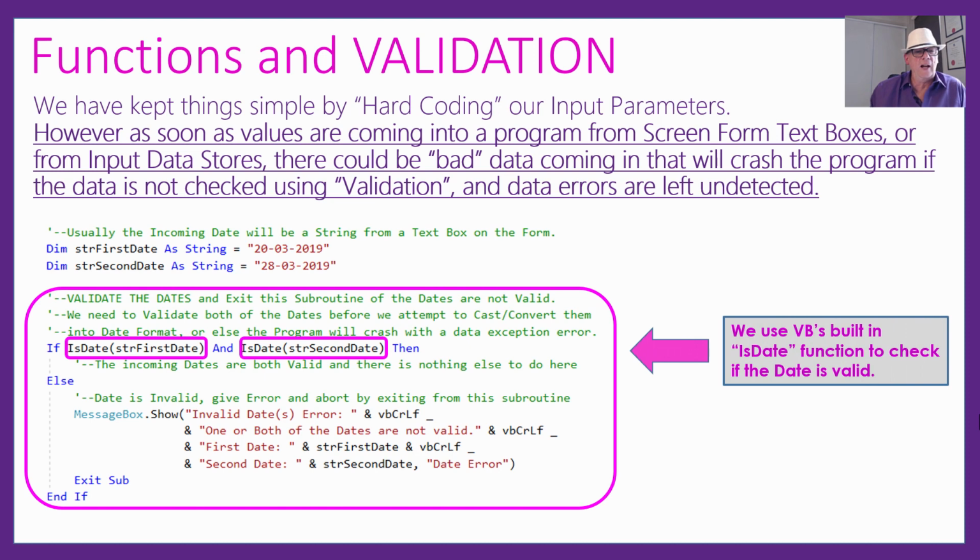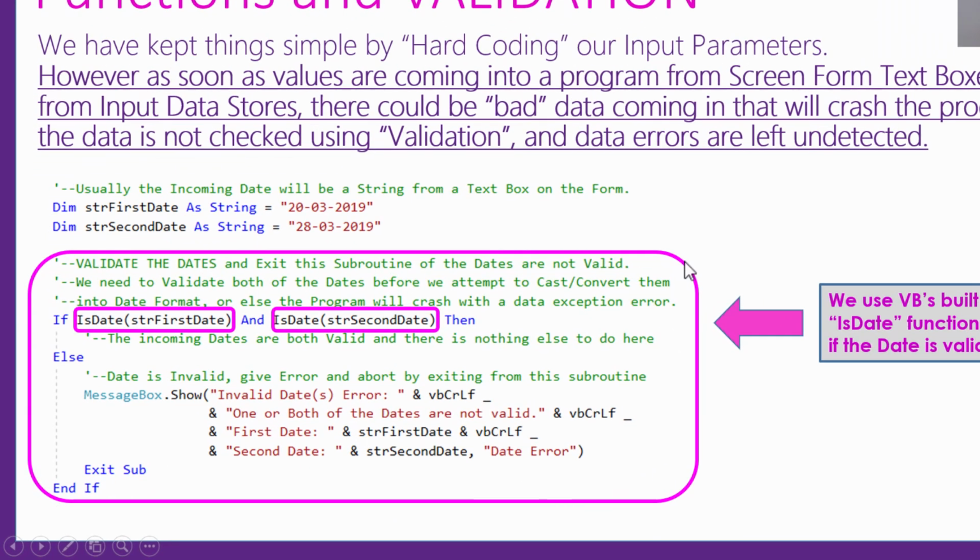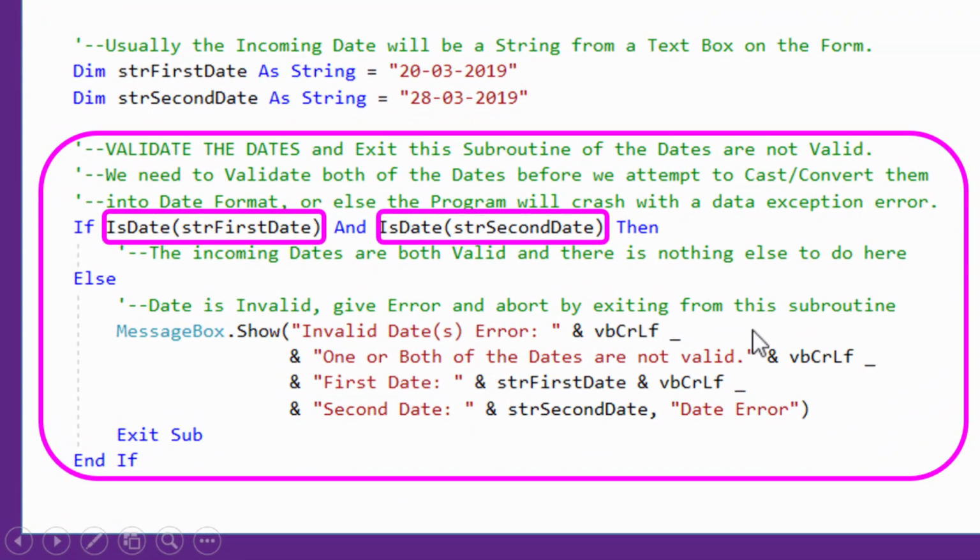So we'll just show you how to do validation. This was the code, same code as we had before. And we've just added in here some code to do some validation. If it doesn't come up any good, give them a message and exit out of the sub so that the bad data can't go any further and it cannot create a program crash. So we've just used the built-in function. Visual Basic has this great function called isDate.